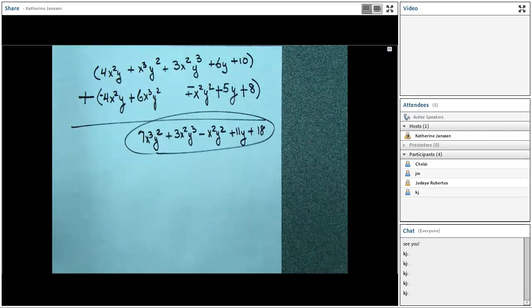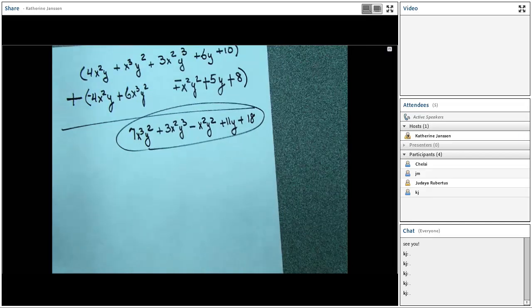So perhaps columnizing for addition and or subtraction of polynomials will work for you. When we're subtracting, remember we're adding the opposite of this polynomial, which changes the sign of each term in your polynomial.